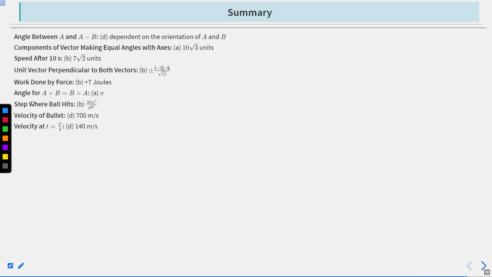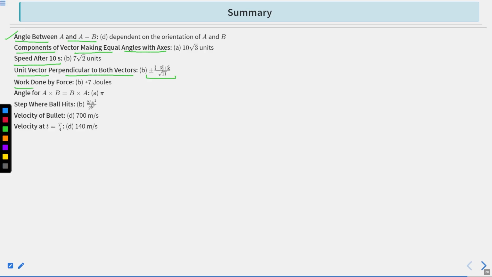Clear? Now summary. The main concepts used in this practice question lecture: angle between A and A minus B, components of a vector making angles with x-axis, speed after 10 seconds, unit vector perpendicular to both. Here these terms are used.